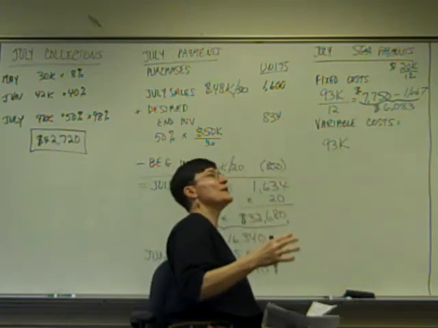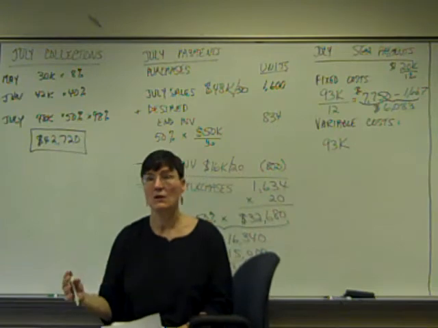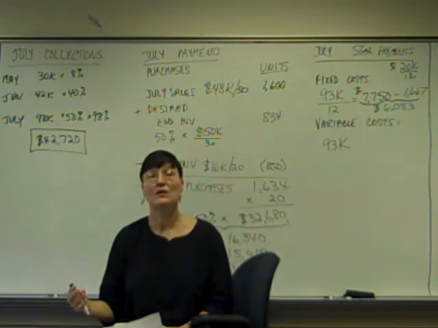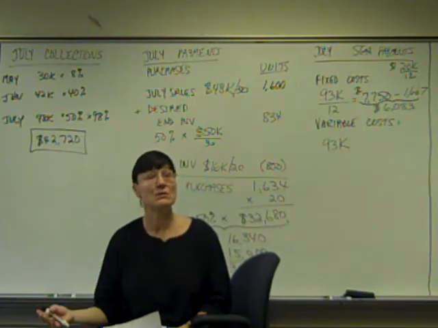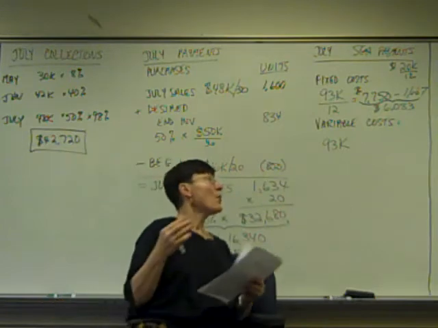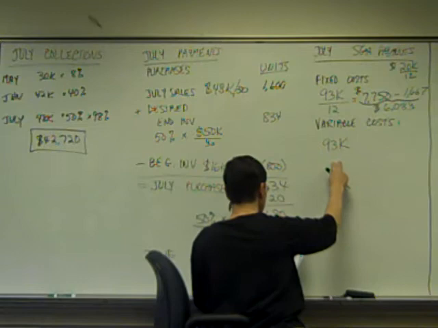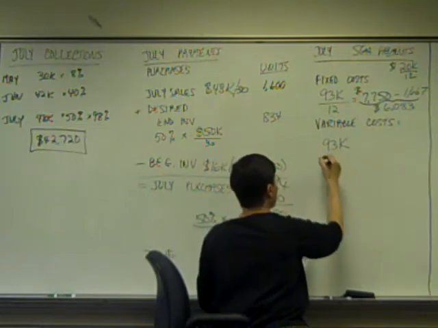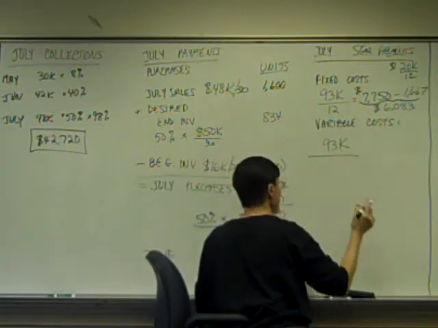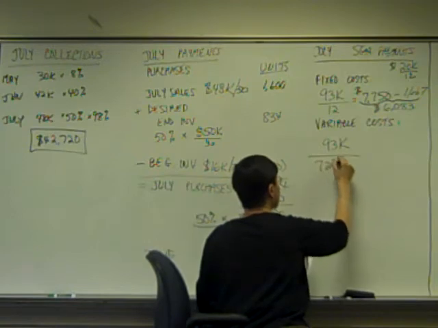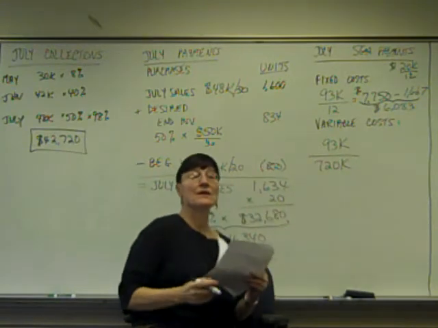How do we figure out variable costs? Variable costs are a percentage of sales. Sales minus variable cost equals contribution margin. So what we needed to figure out is, of the 93,000 that are variable costs for the year, what were our estimated sales for the year? 720,000.